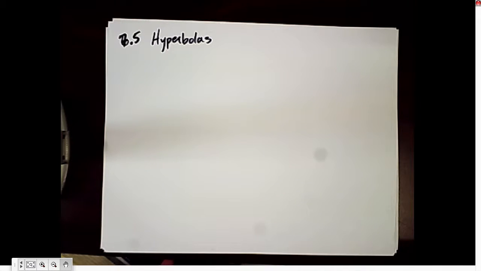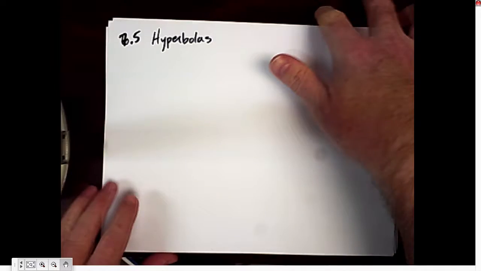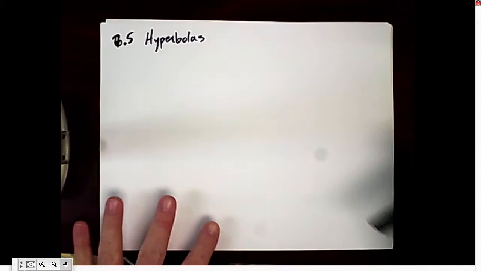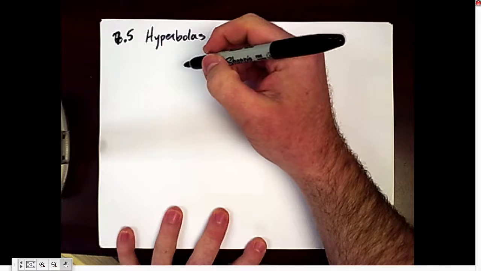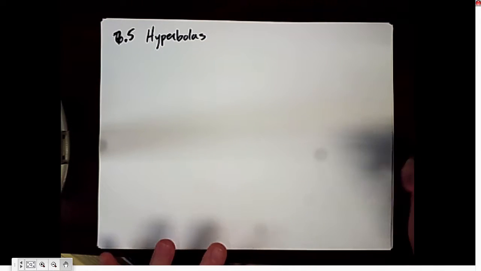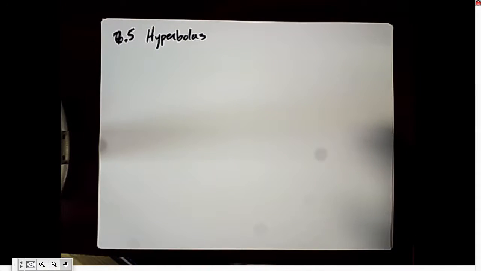Well, a hyperbola is very similar, except it is all points whose difference is constant. And we talked about that briefly before y'all went on the break, about how that comes to be. All right. So I'm just going to dive in and teach you the graph of a hyperbola.